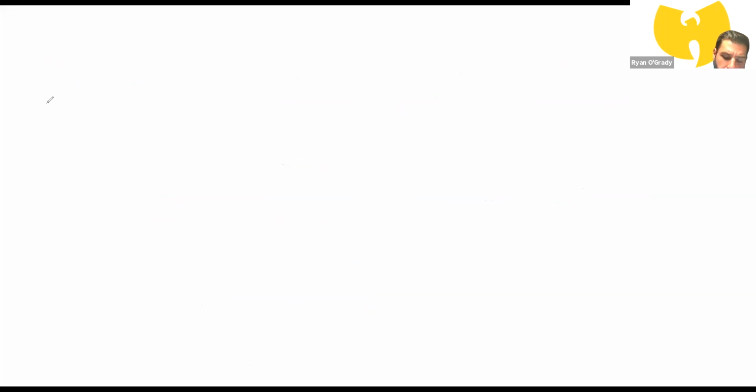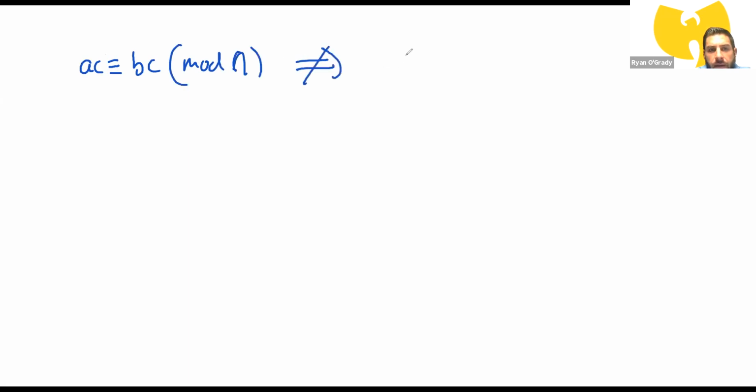So the way I stated the problem is, I used AC congruent to BC mod n. This does not imply that A is congruent to B mod n. And what I asked you to do is to find a counterexample, find where this fails.